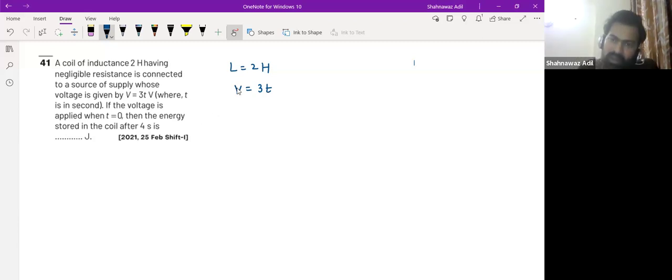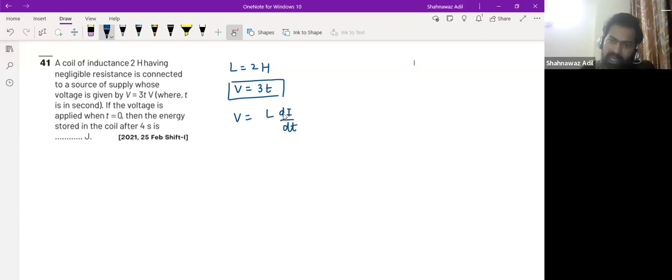So you are given the voltage, and you know how this voltage is related to the inductor. V is simply L di by dt.